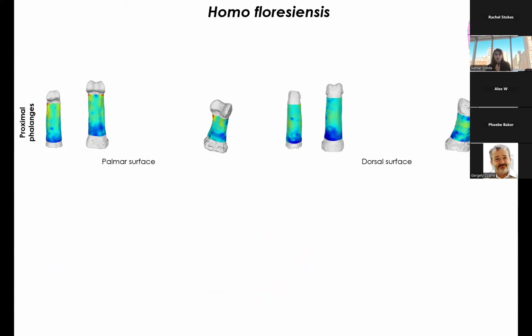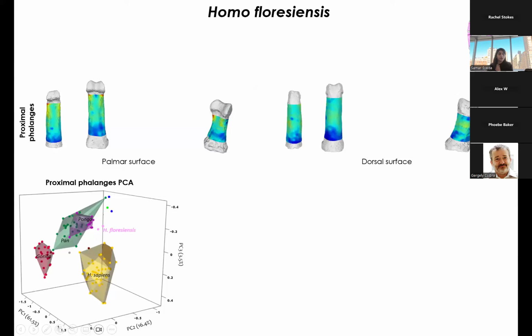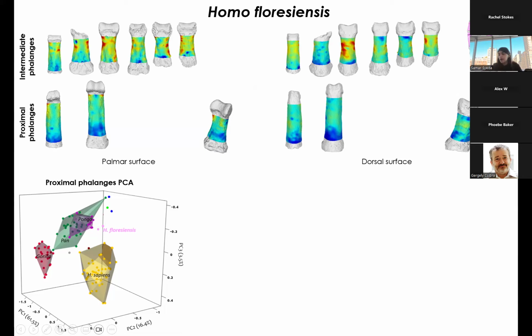And finally, we have Homo floresiensis, which, looking at just the proximal phalanges, is similar to afarensis in a sense where the thickness is really just towards the distal end. Homo floresiensis kind of falls close to the great ape pattern. And when we look at the intermediate phalanges, they really show a completely different pattern to anything that we see in the extants at all, or the fossil hominins, but in a very strange way due to this patched manner across the entire phalanx, which is something we haven't quite made sense of yet.